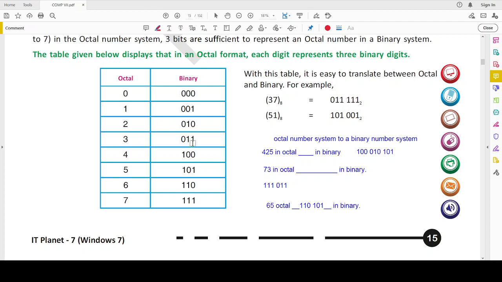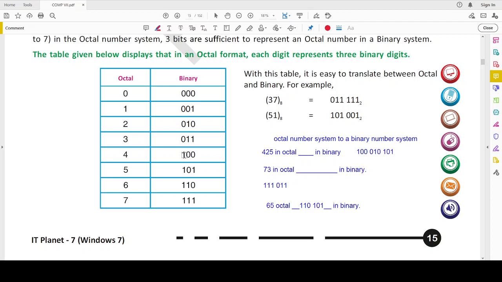See this one, 1 into 2 to the power 0 is 1 plus 1 into 2 to the power 1, it is 2. 2 plus 1, it is 3.